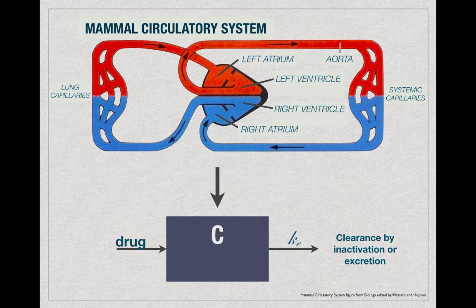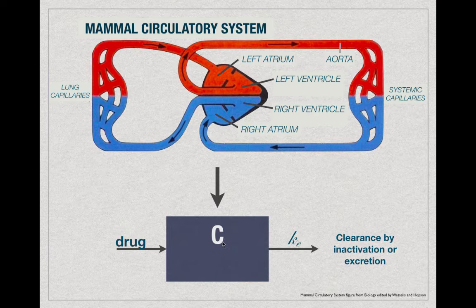So again, the mammalian circulatory system is a closed loop system. We are going to simulate this by just drawing this gray box. And this gray box down here with a C on it is the representation of the whole blood vessel compartment. So a single compartment. This is a one compartment model.